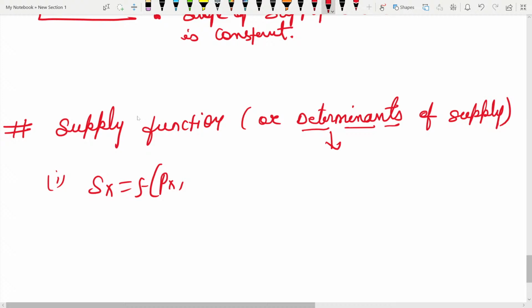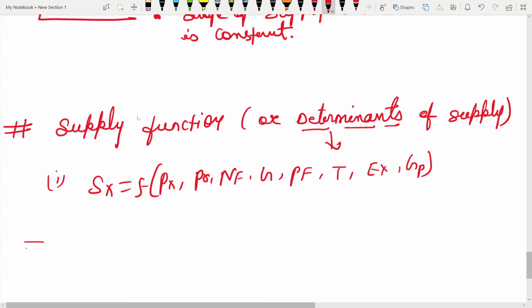PX, that refers to price of goods, PR, price of related goods, and F, showing number of firms in the industry, G, showing goal of the firm, PF, price of factors of production, T, state of technology, EX, expected future price, and the last one is GP, government policy. So here we can see there are many determinants that determine the supply.